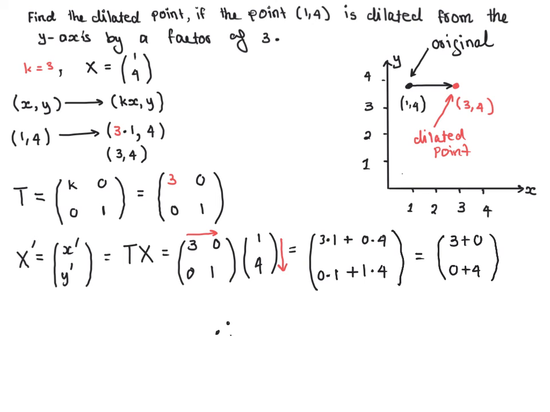Therefore, the new point x dash, y dash becomes 3, 4, as we have expected from this transformation. We do reach the same new point. This is using the general rules, and then this is using the transformation approach.